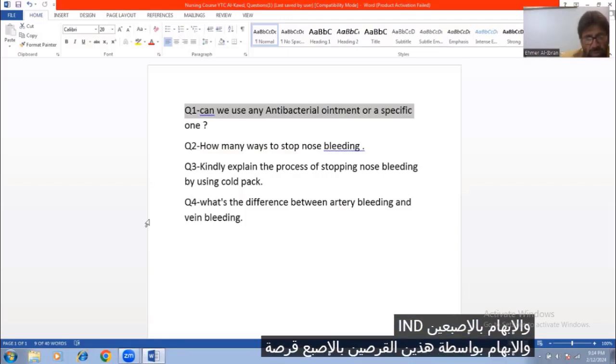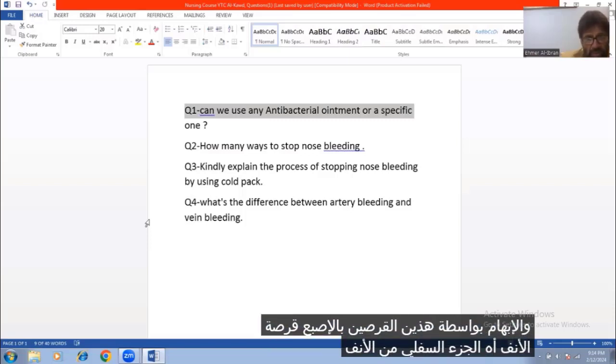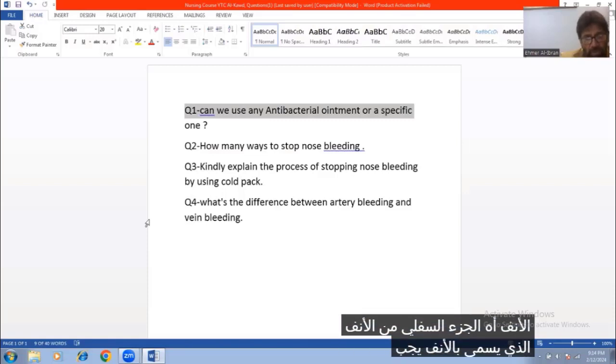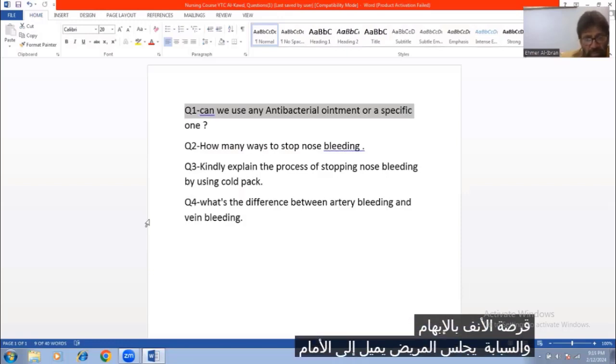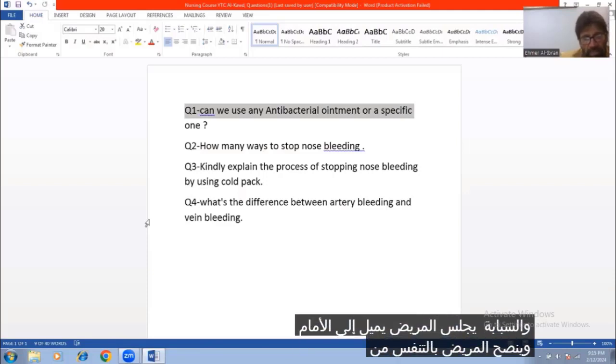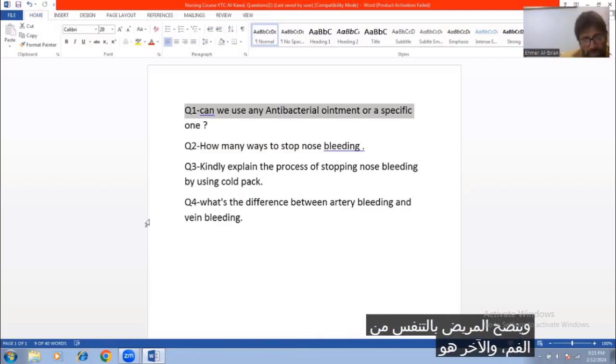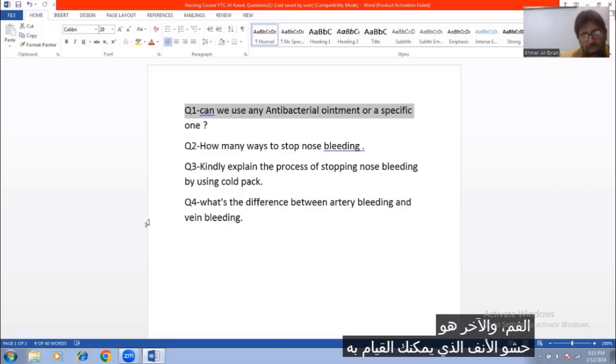The lower part of the nose is called the ala of the nose. Make the patient sit, lean forward, and advise the patient to breathe from the mouth. Okay. And the other is nasal packing that you can do.